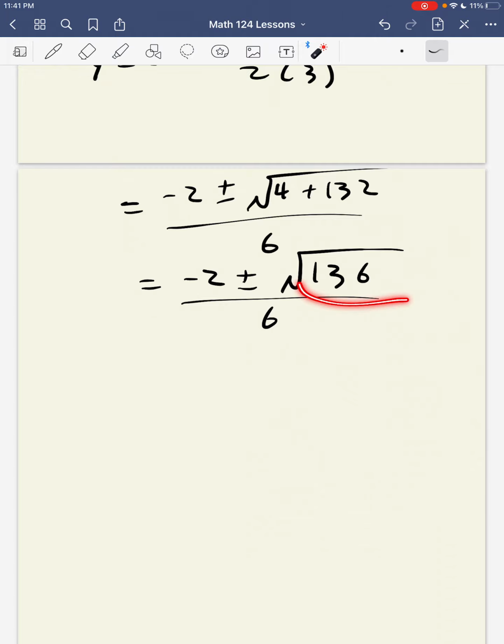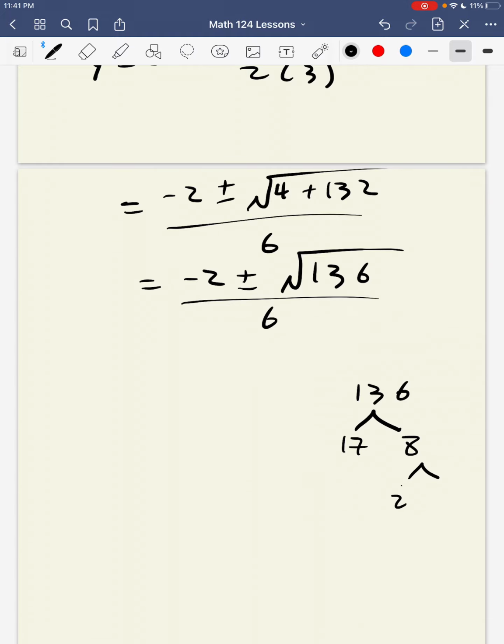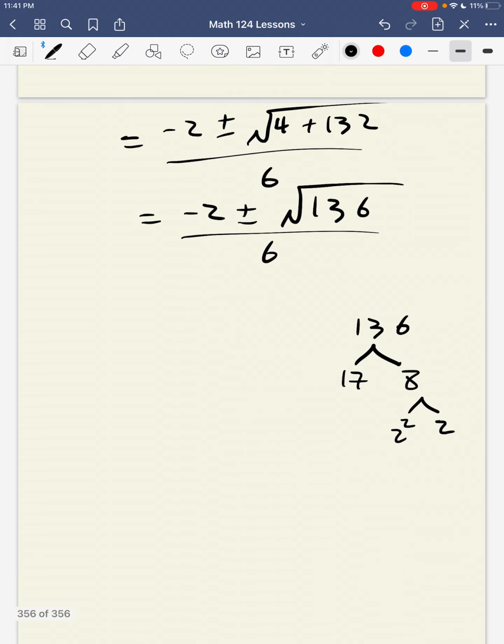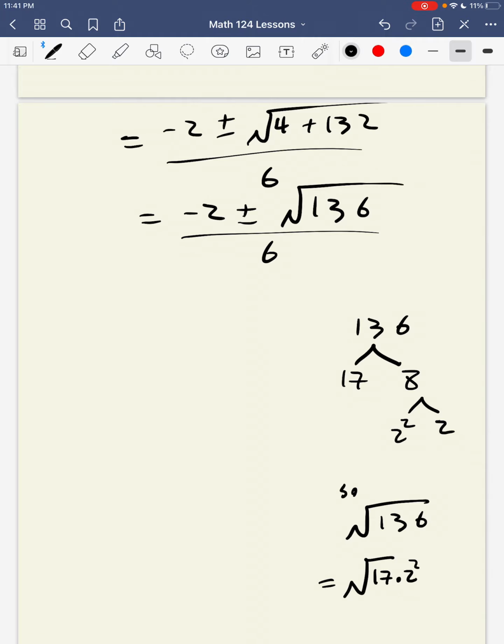Now, Pearson might be a little picky and not like this, so notice we could break up 136 as, well, it's 17 times 8. 8 is 2 squared times 2, right? So square root of 136 is really like the square root of 17 times 2 squared times 2.